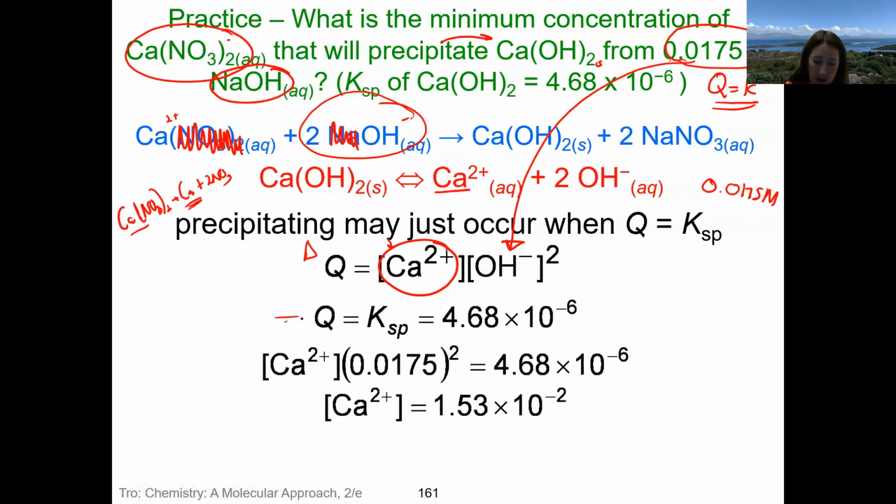So Q equals KSP, that's when it precipitates. Plug in this for our OH, plug in this for our Q, solve for calcium. So that means when we have 0.0175 molar sodium hydroxide, which again, don't care about the sodium, when we have 0.0175 molar hydroxide, our calcium concentration is 1.53.